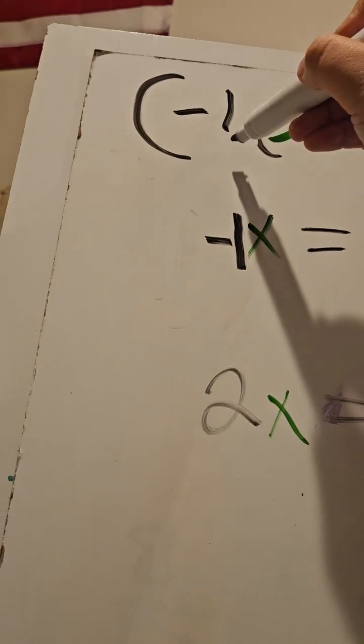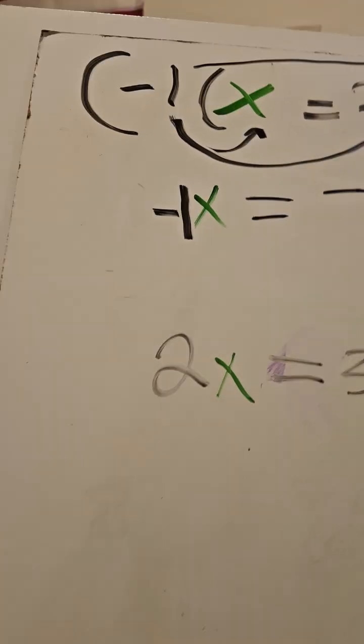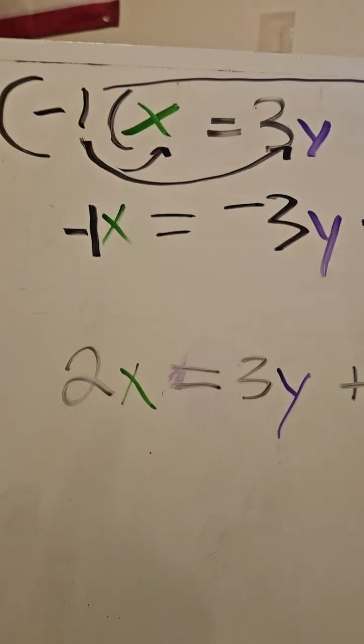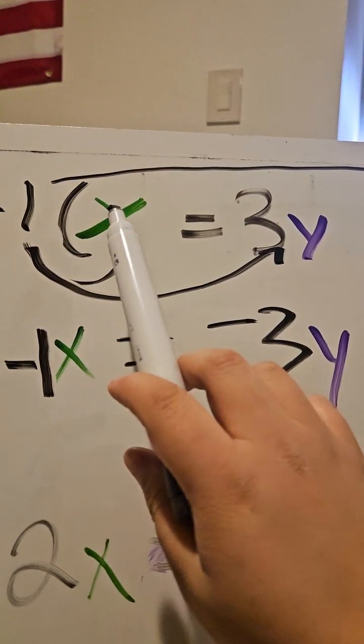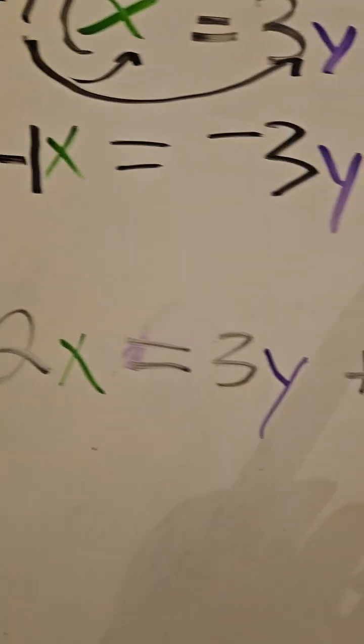And you would do, I think it's called the distributive property, where you go to all of them. And since it has a negative, all the signs change. So this used to be normal positive, +3, +11. Now they're all negative.